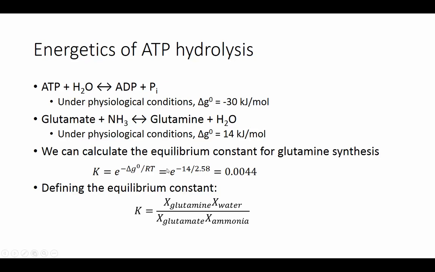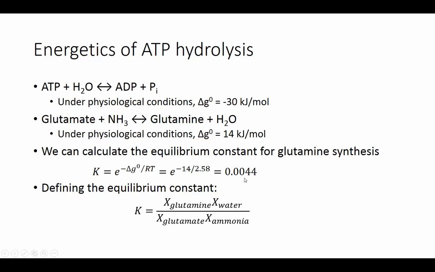And we can calculate the equilibrium constant for glutamine synthesis, and we get this low number here, 0.0044. And the definition of the equilibrium constant, the old-fashioned way here, is, again, we're looking at the concentrations of the products over the concentrations of reactants.